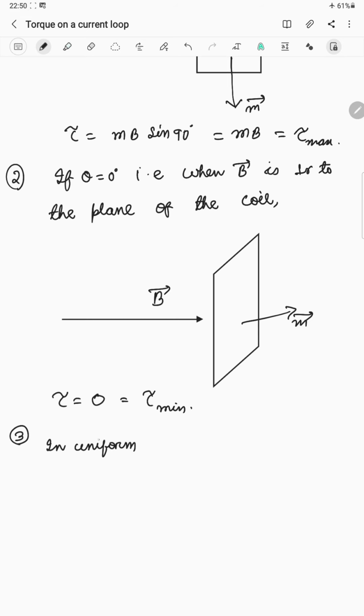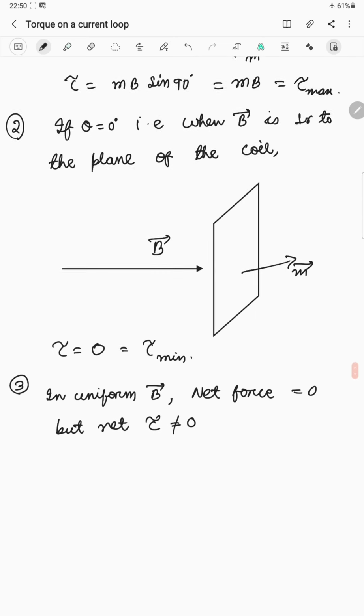The third important thing you will observe: in a uniform magnetic field, your net force is equal to 0, but the net torque tau is not equal to 0. This is one of the important things you should keep in mind.